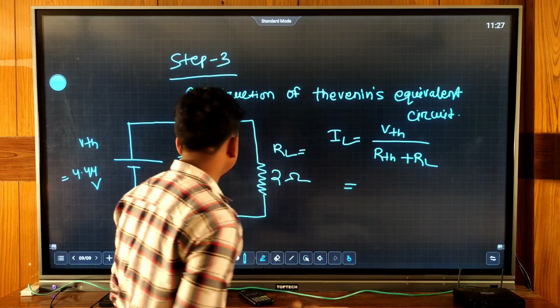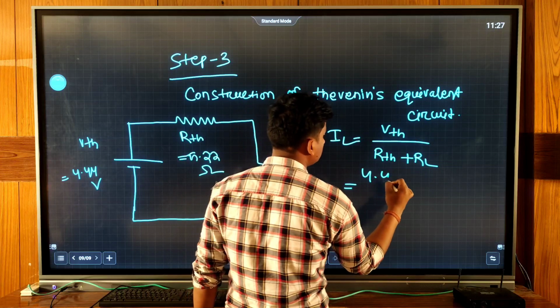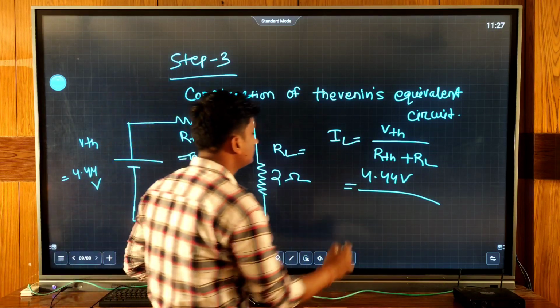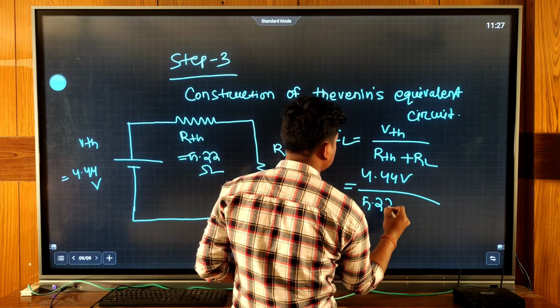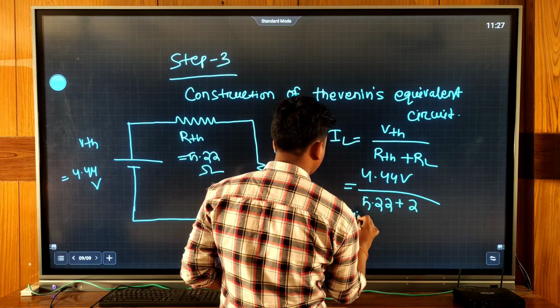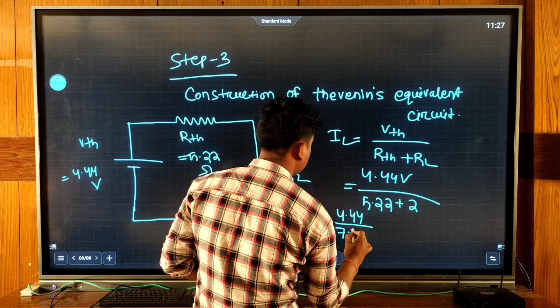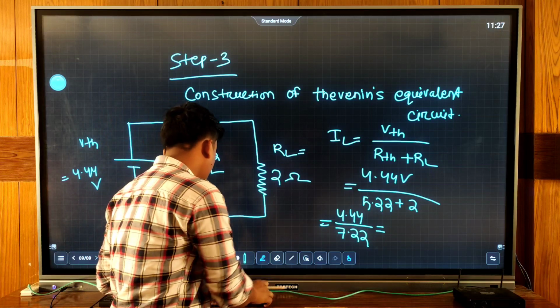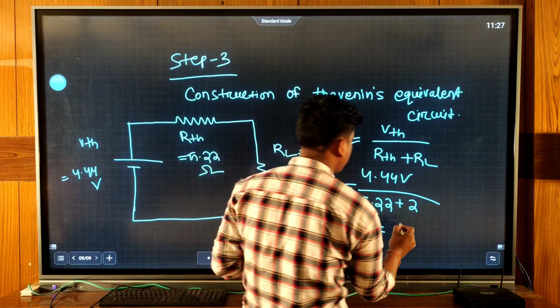So VTH will be 4.44 volt, and RTH is 5.22 ohm, and RL is 2 ohm, which is equal to 4.44 divided by 7.22, which is equal to, as I have calculated before, 0.61 ampere.